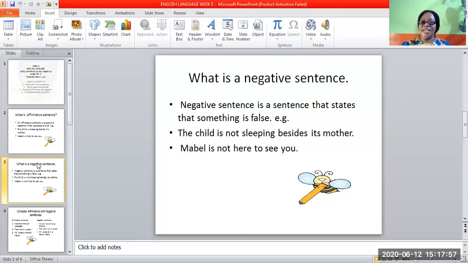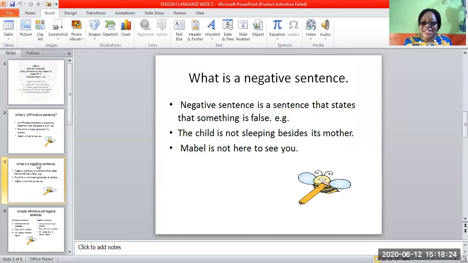N-O-T, not, is a powerful indication of a negative sentence. A negative statement indicates that something is false, not true, incorrect. Is that clear? Beautiful.